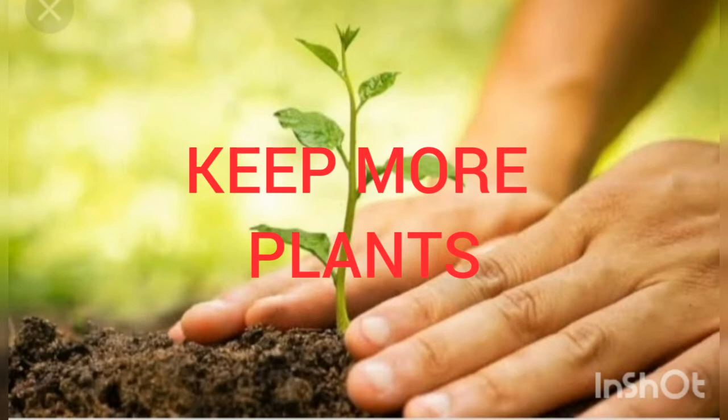Near our house we can grow more trees or small plants. In our garden we can keep vegetables or herbal plants. We are doing gardening, no. That will keep the environment clean, because plants give us fresh air and purify the air.